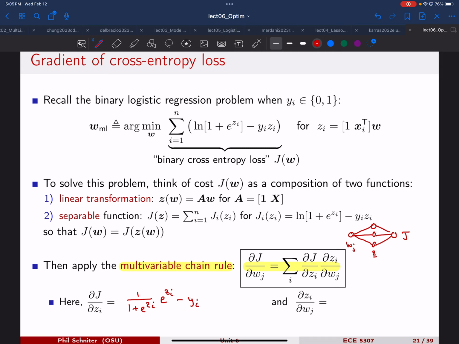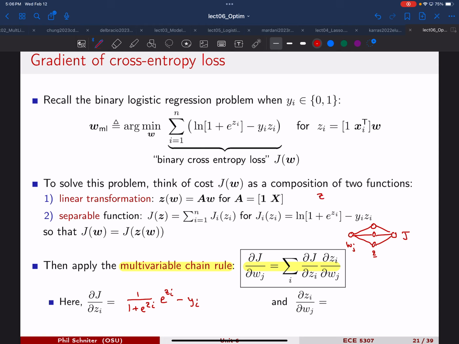Okay, so this is this. And then what about this one? For this one, we would like to write it, again, in terms of scalars.